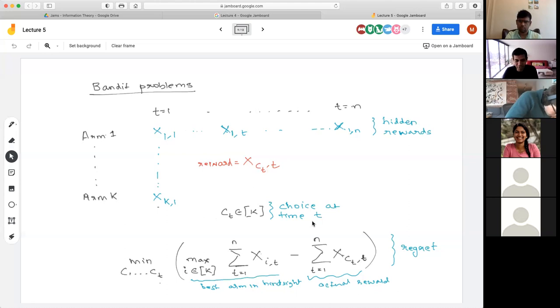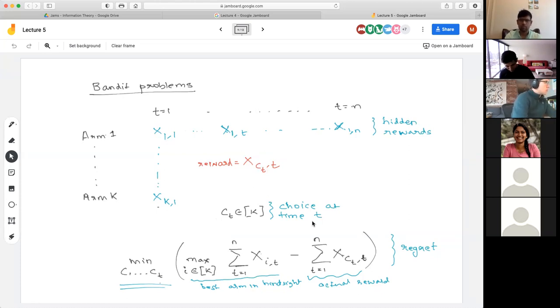And this is one of the simplest. We just pick the best. And so this difference between what you could have done and what you ended up doing is called regret. And the goal is to minimize your regret over the whole sequence of choices you make.